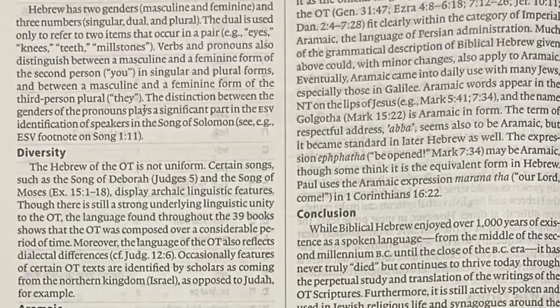All right. Gender and numbers. Hebrew has two genders, masculine and feminine, and three numbers: singular, dual, and plural. The dual is used only to refer to two items that occur in a pair, for example, eyes, knees, teeth, millstones.